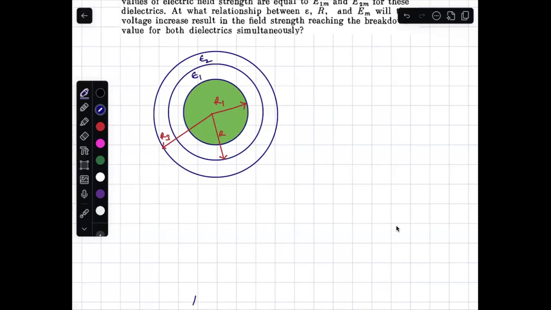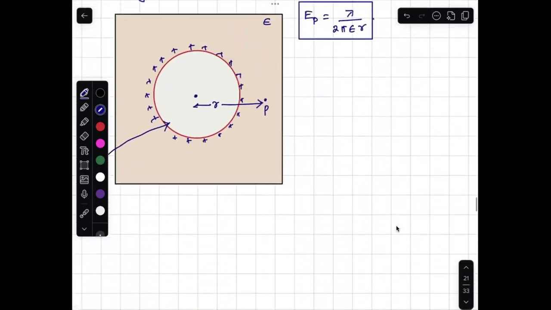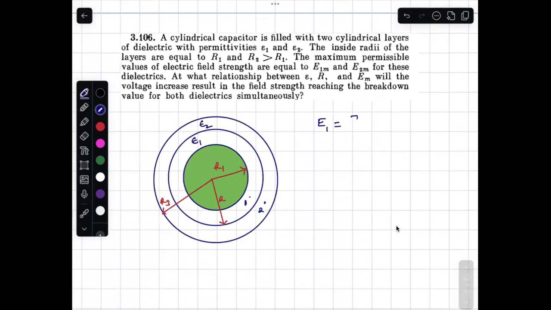Now, try to understand. I will choose one point over here, one, another point over here, two, deep inside. Now, at one, can you please help me in understanding what is E1? Just now I have given you the formula, lambda by 2 pi epsilon r. In this case, E1 becomes lambda by 2 pi epsilon 1 r. E2 becomes lambda by 2 pi epsilon 2 r.